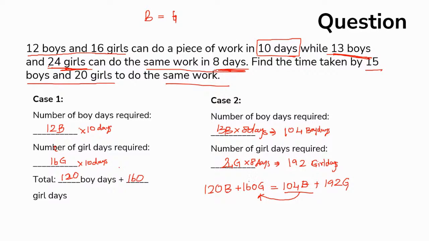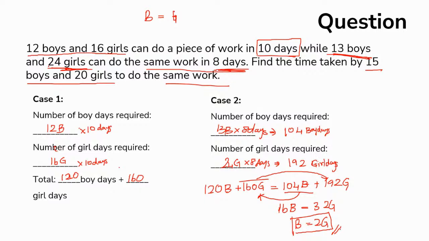When a term comes to the opposite side, the sign will be changed. So we get 120 minus 104, which gives me 16 boys, and 192 minus 160, which gives me 32 girls. If I solve it, I'll get one boy equivalent to two girls.